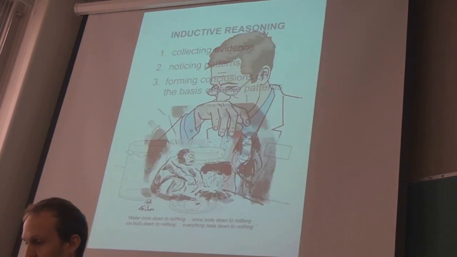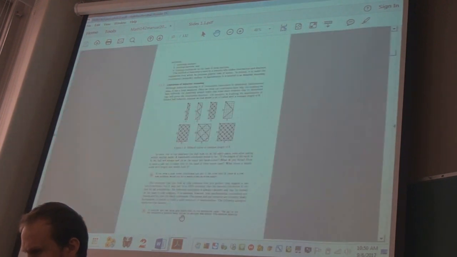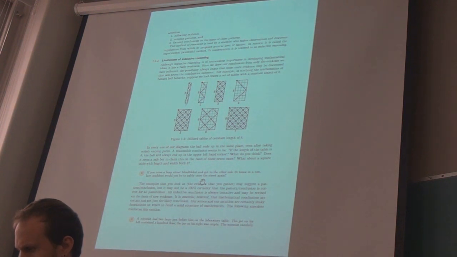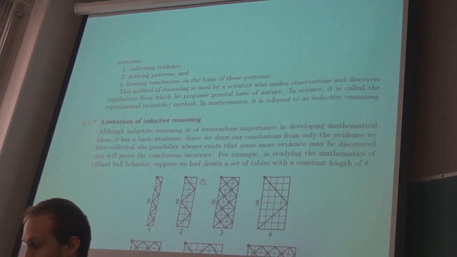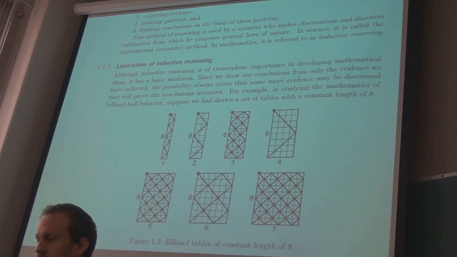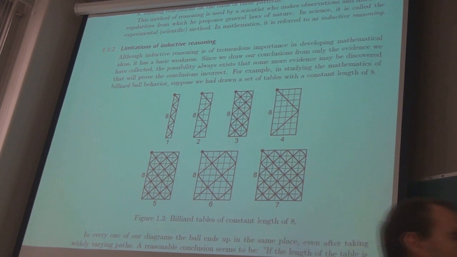I want to just, before I do this one, insert one that's in the textbook that I don't have a slide for. I zoom in. This one, if, for example, you looked at all the tables with varying width but the same length, 8, for example. You looked at 1 by 8, 2 by 8, 3 by 8, 4 by 8, and so on.